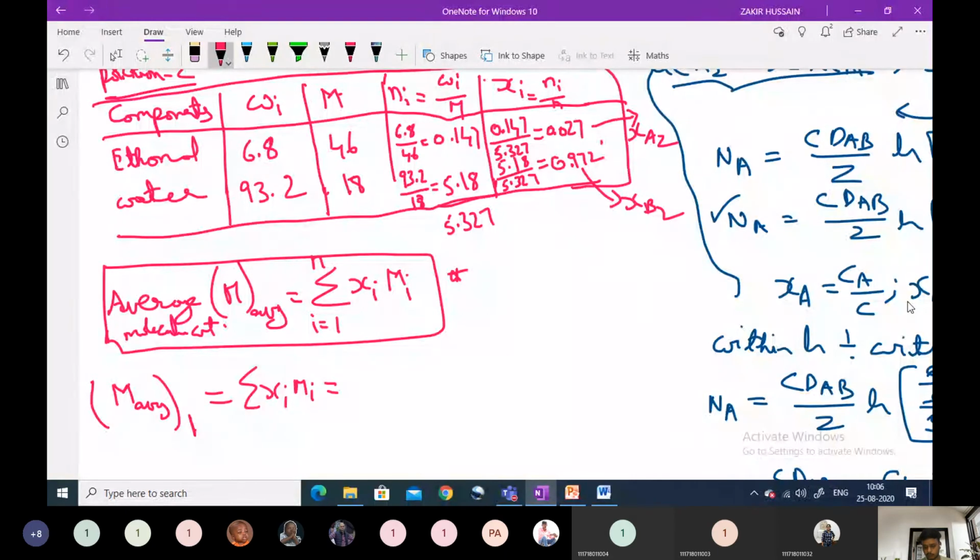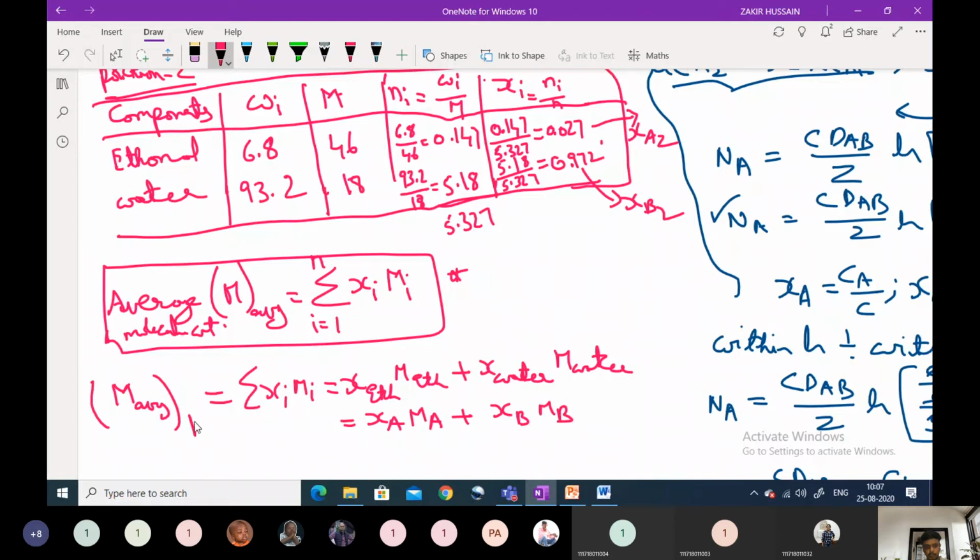Here the first component is ethanol, so x ethanol times m ethanol, plus the second component, water, x water times m water. In our symbolic form, this is xa ma plus xb mb.